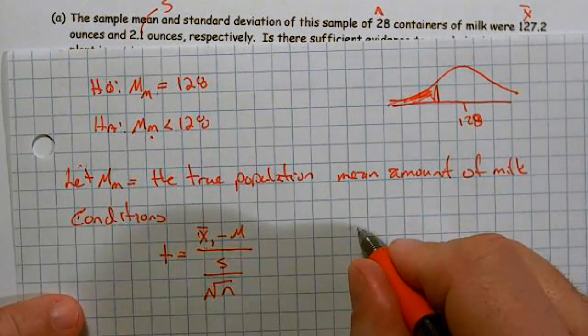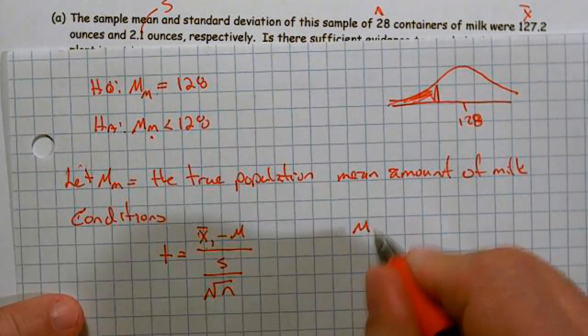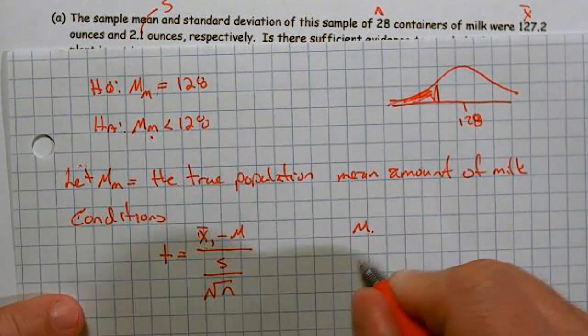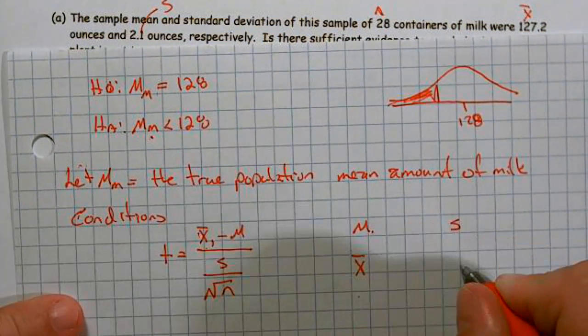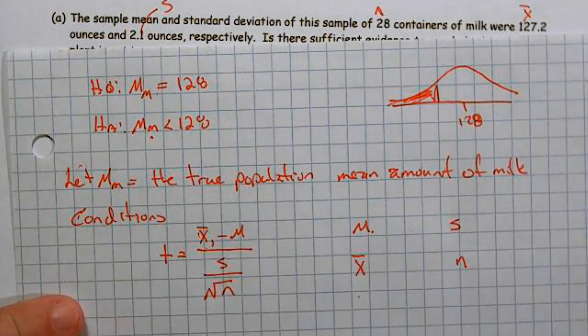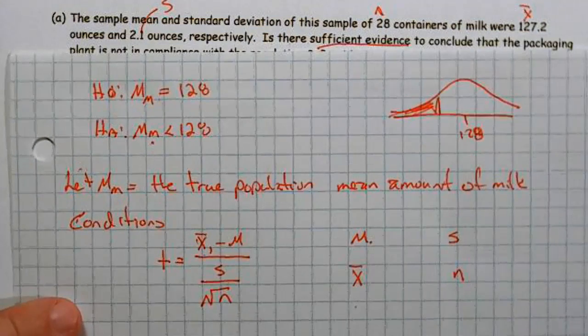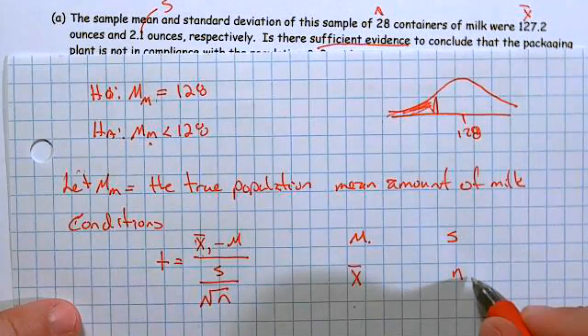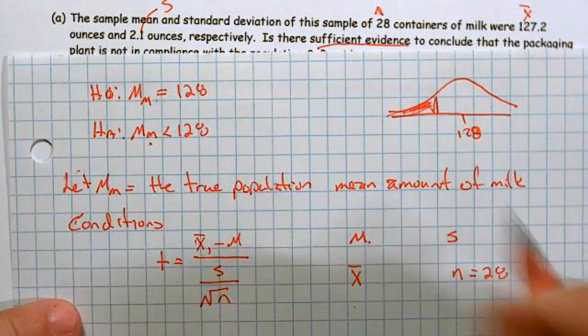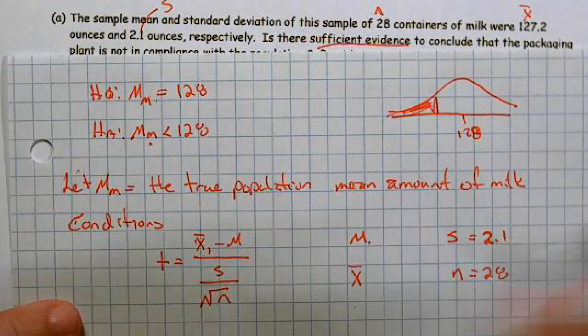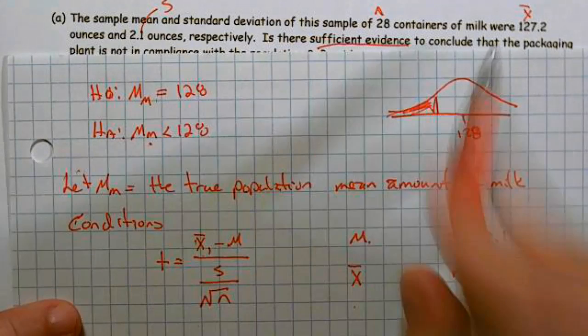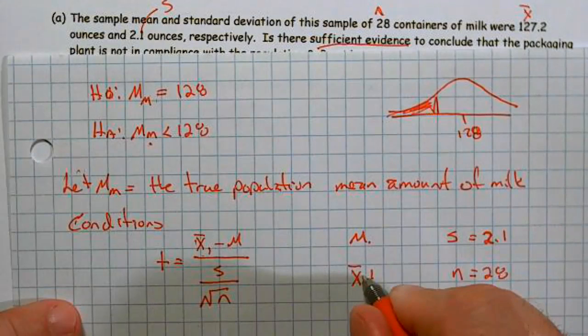So I need to make a list of things, and I need my mean. I need my X bar. I need an S, and I need an N. Well, we said the N was 28. The S was 2.1. And the X bar was 127.2.